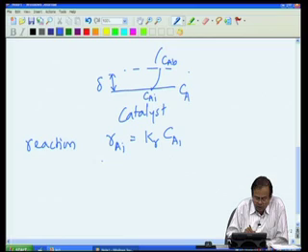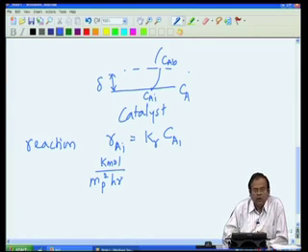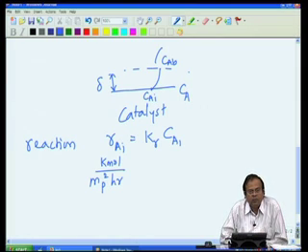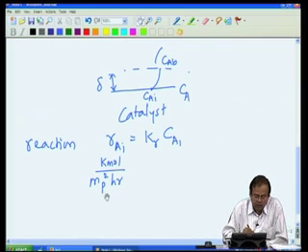We should keep in mind that the units of rate are, let us say, in kilomoles per meter square of the particle, because we are talking of surface area of the particle. So, that is why that subscript P over here, per hour.